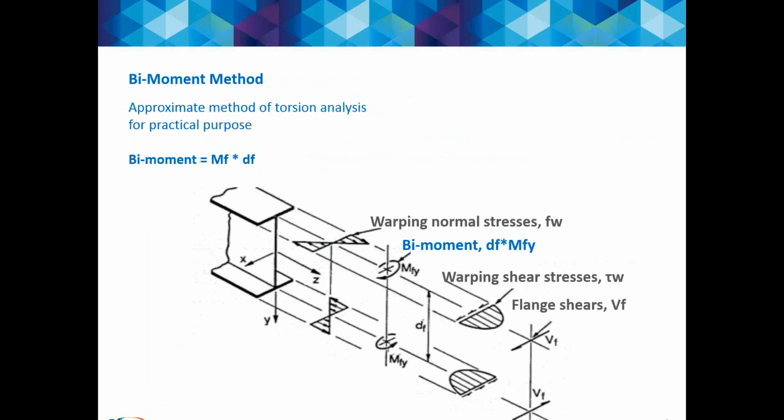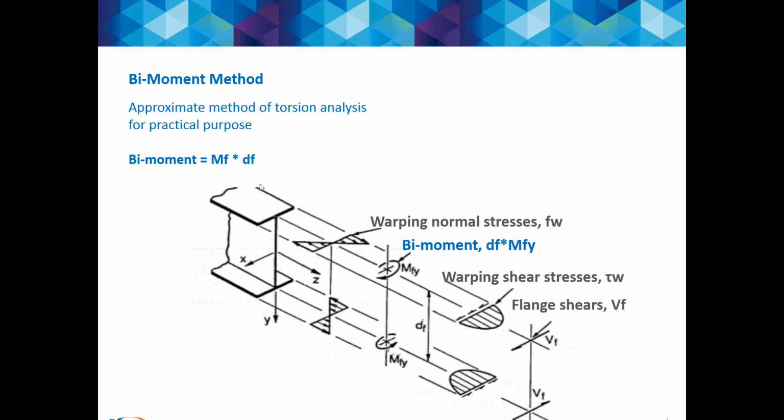There is one more issue in this warping, which is called the bi-moment method. The bi-moment method is an approximate method for this torsional analysis for practical purposes. What is bi-moment? Because of that warping, we have this moment, and if we multiply this moment by the height of this section, that is called the bi-moment.